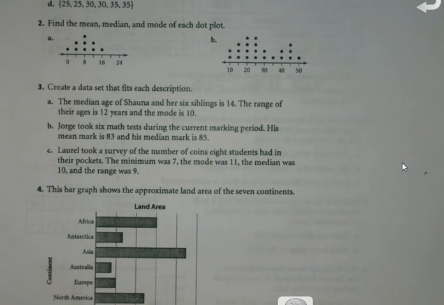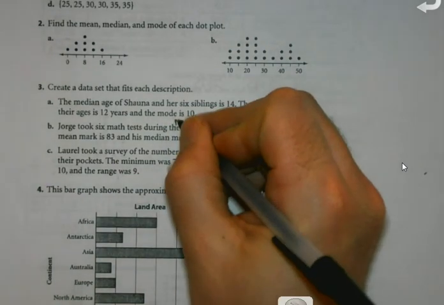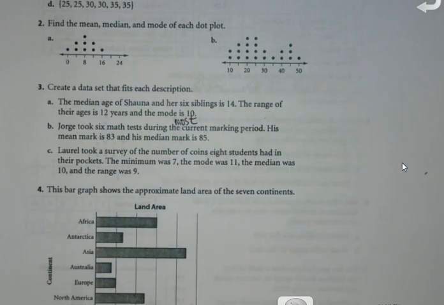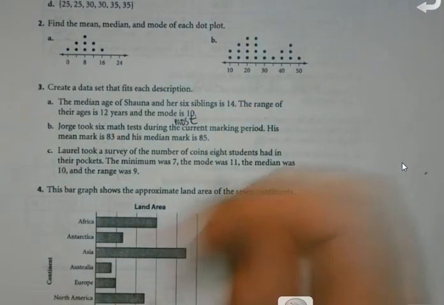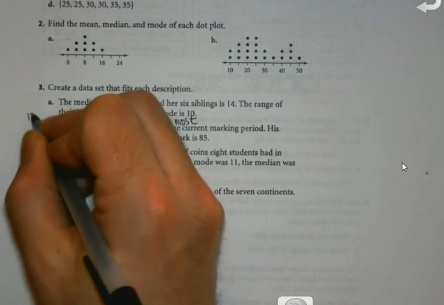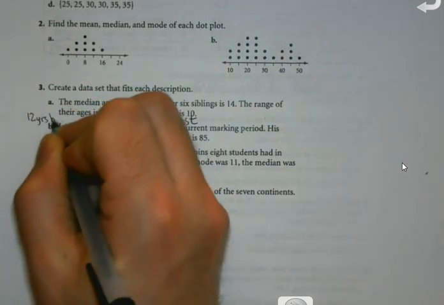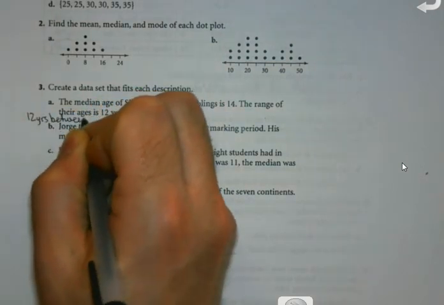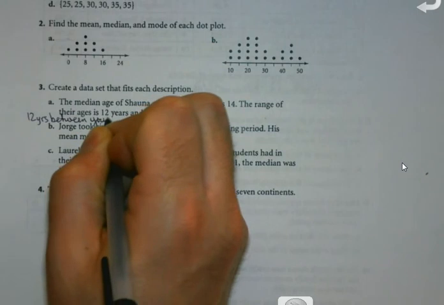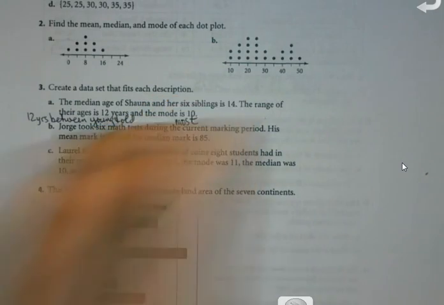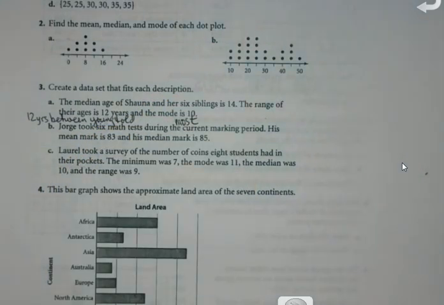So let's see. The age that shows up most often is 10. There's 12 years between the youngest and oldest. And the median age is 14, so the one in the middle.